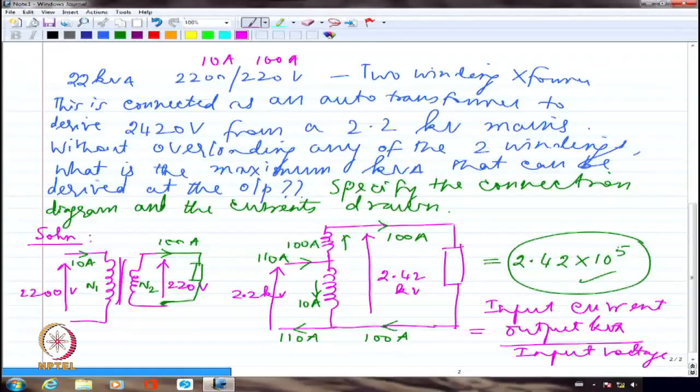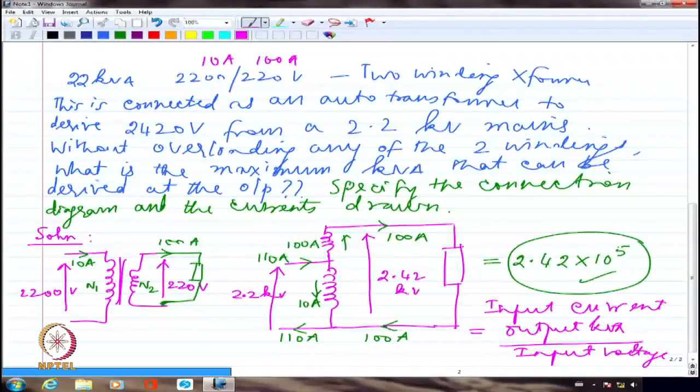Are you getting my point? It is working now as a potential divider. So what you have done is essentially added the two voltages. So you have connected them in series. So if you look at the electromagnetic induction that is taking place, that is still pending for only 22 kVA. Nothing more than that. But if you look at actually what is happening in terms of the conductive coupling, one is electromagnetic induction coupling, or magnetic coupling, the other one is conductively how they are connected.